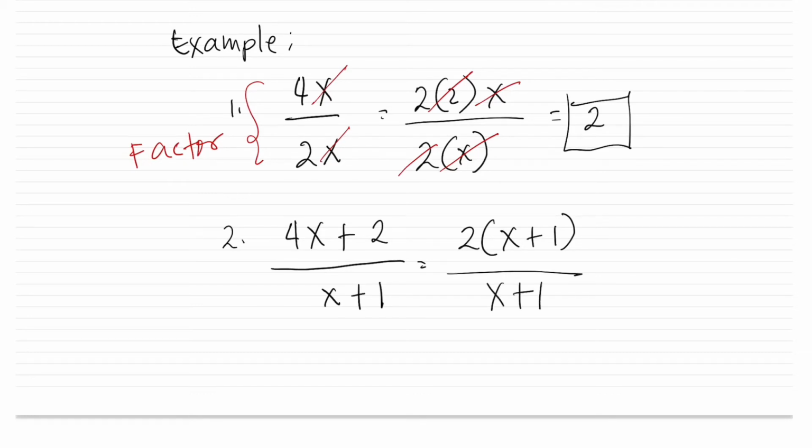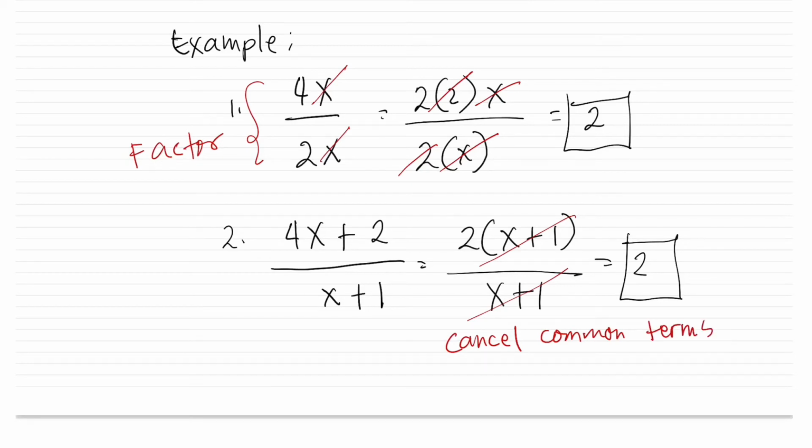Now notice they're the same, we cancel that, so the answer is equal to 2. You factor it out and then cancel common terms.